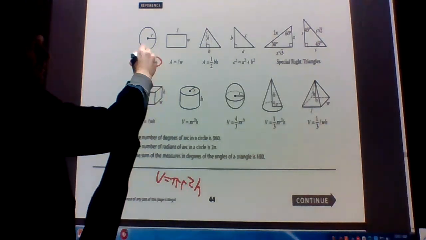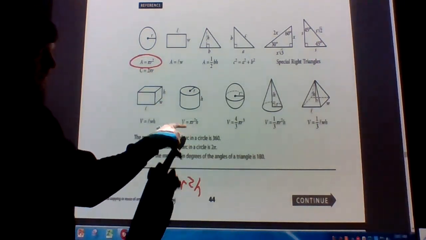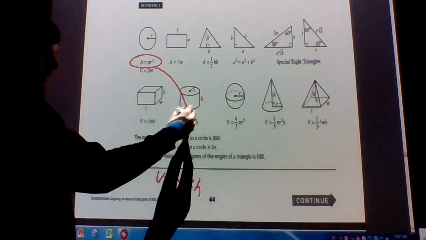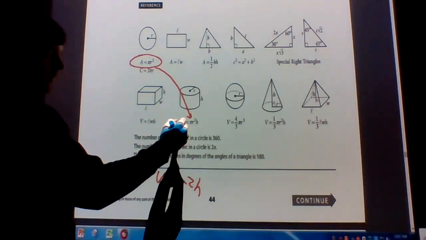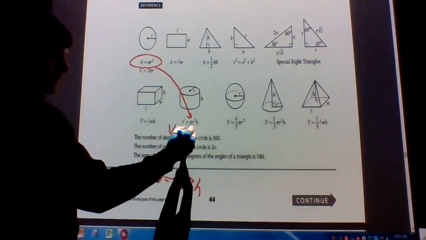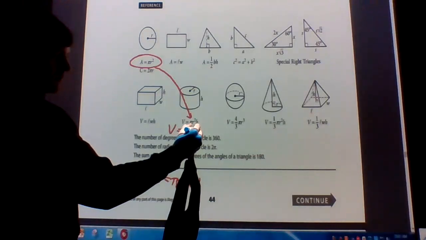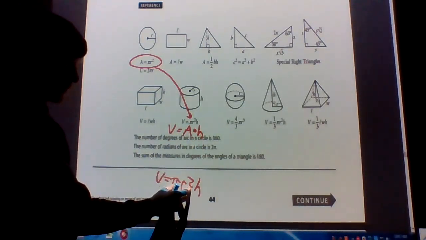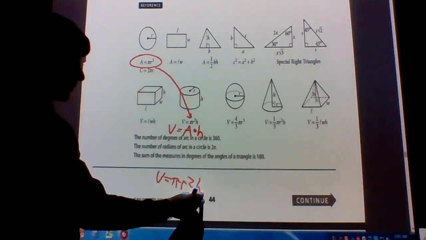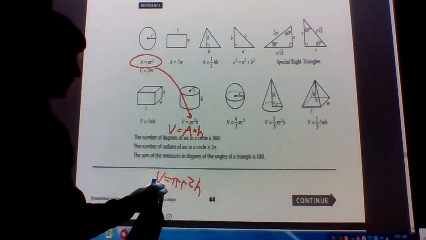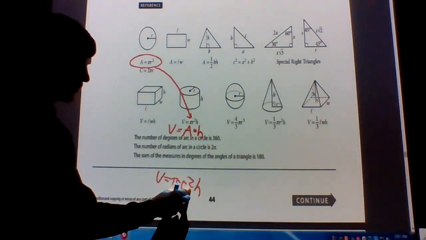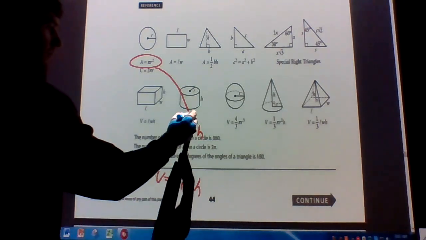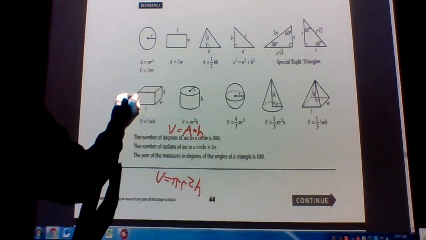Okay, we also have an area for a circle, which is pi r squared. So basically our volume formula is the area of the circle times the height. That's our volume for a cylinder. Okay, let's go back down then.